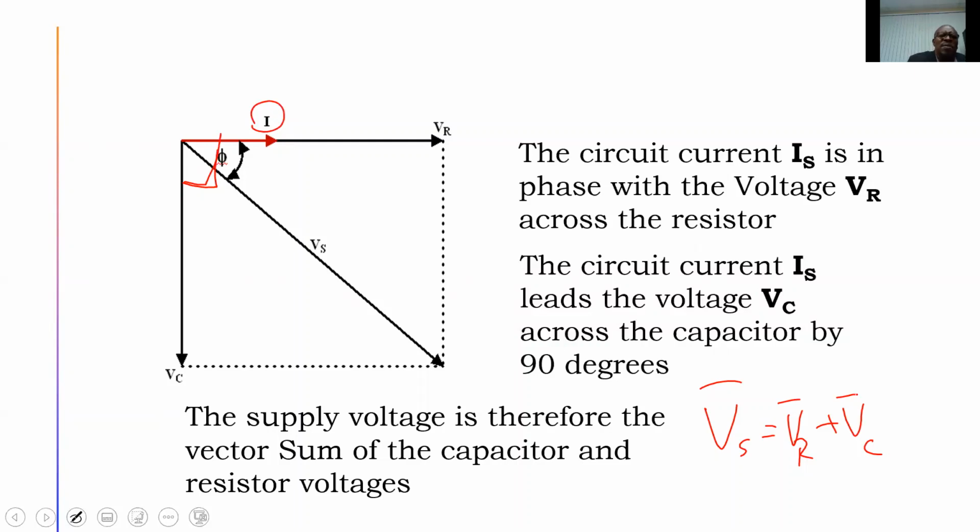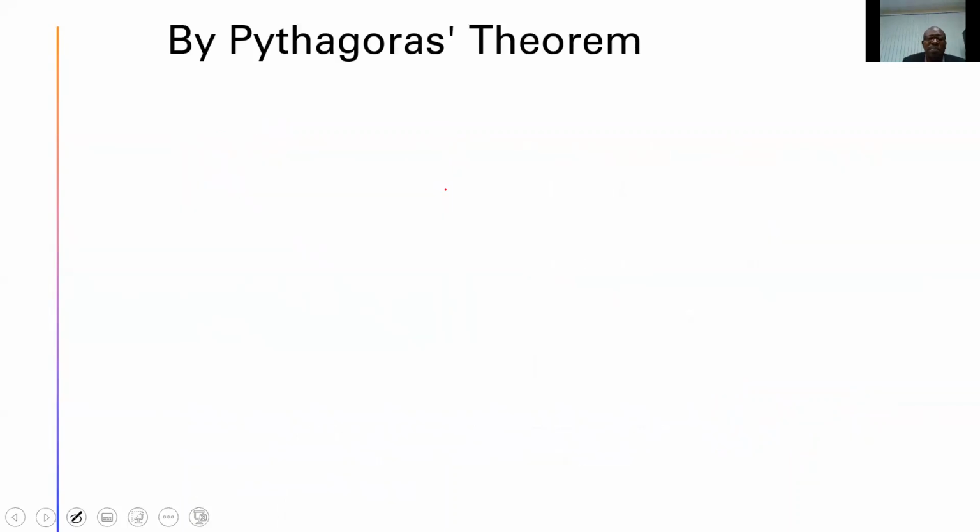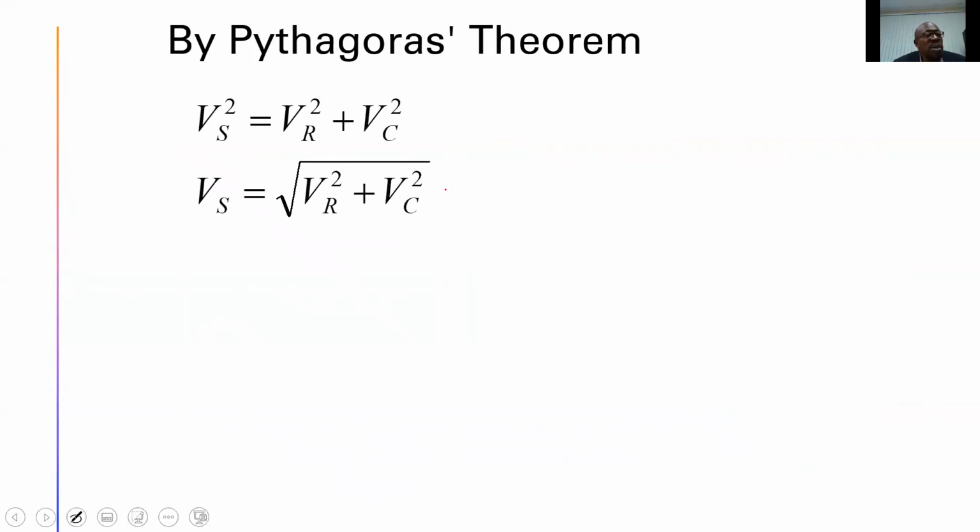And what we have formed here, with Vs, Vr, and Vc, is a right angle triangle. So we can find that resultant Vs by applying Pythagoras' theorem. By Pythagoras' theorem, Vs squared is equal to Vr squared plus Vc squared, or Vs is equal to the square root of Vr squared plus Vc squared.